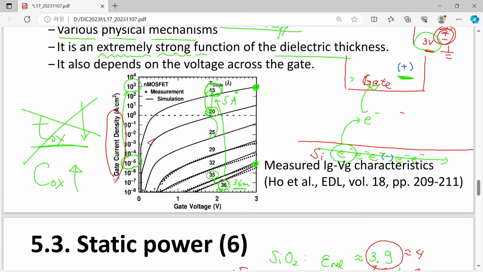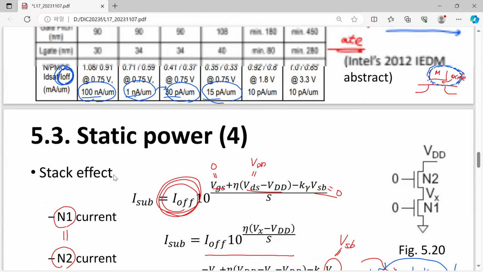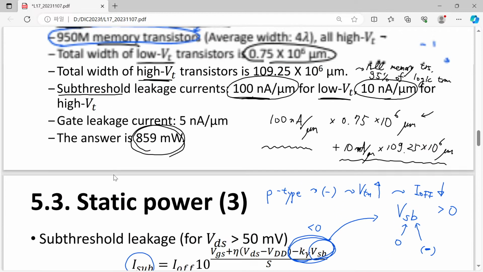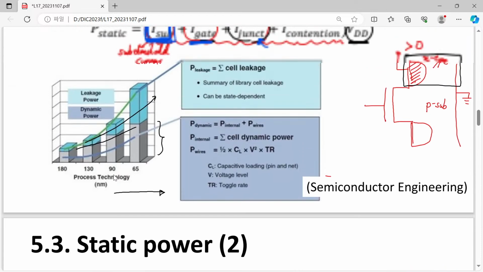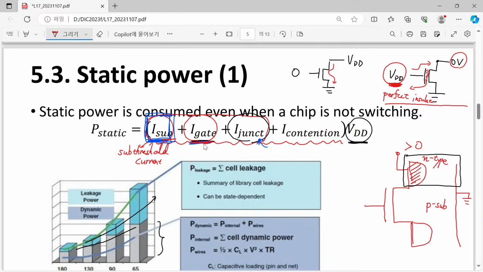That is the situation. So we have already seen that the major components of leakage current are subthreshold current and gate leakage current. Compared with these two terms, the junction leakage is negligible.